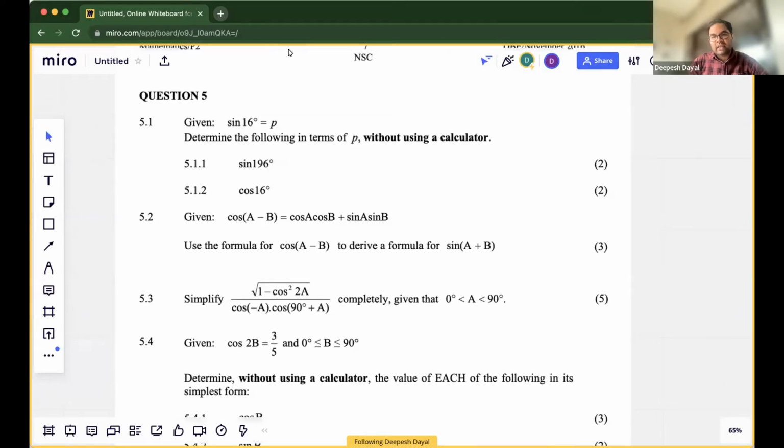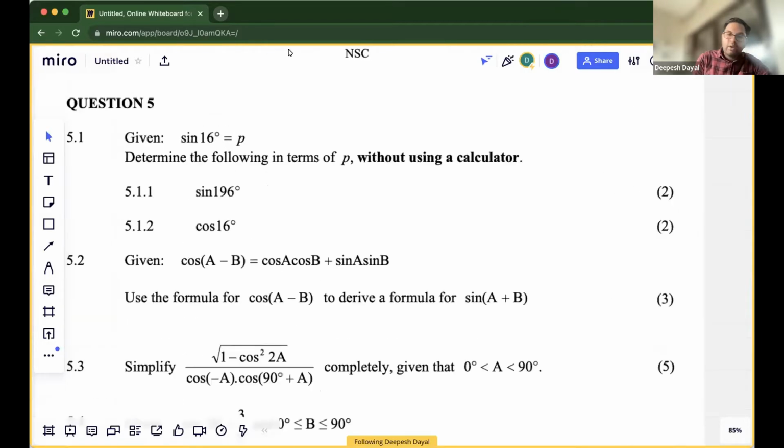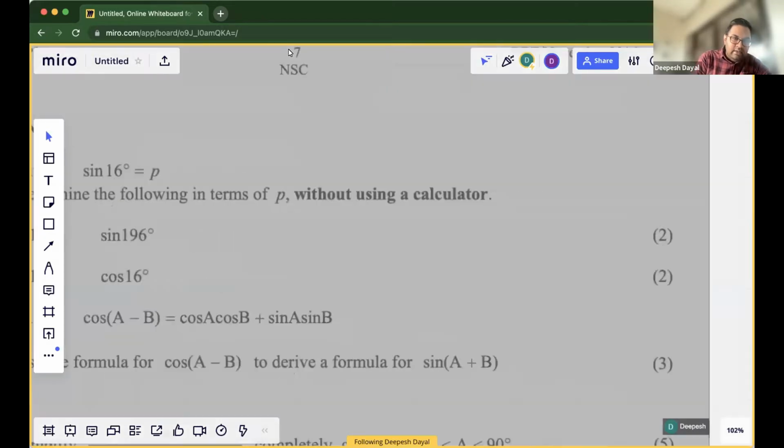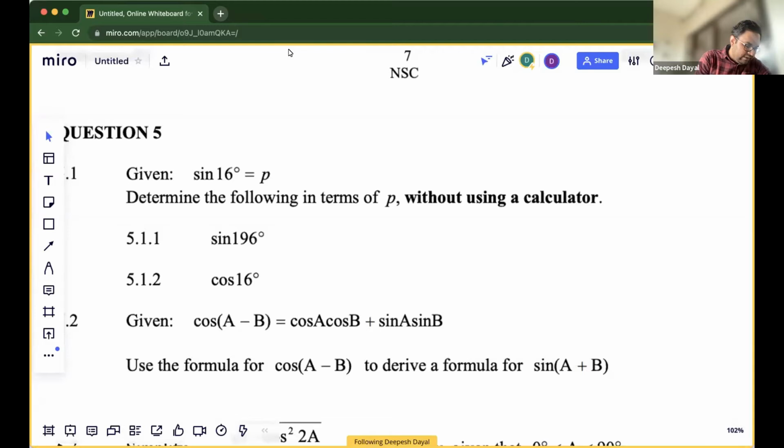So we cannot use a calculator in this question. We will have to draw a diagram in order to be able to do this question. Whenever they say without using a calculator, we know most likely we're going to be drawing a diagram.